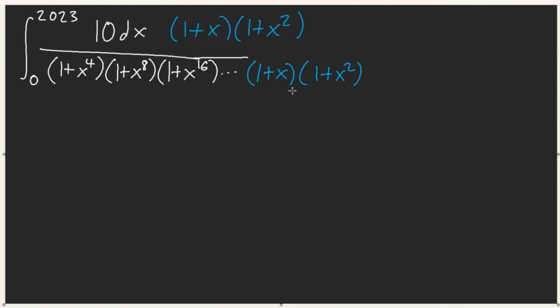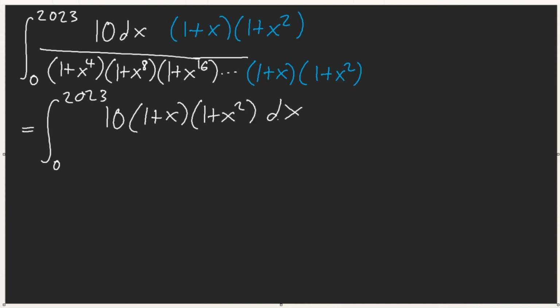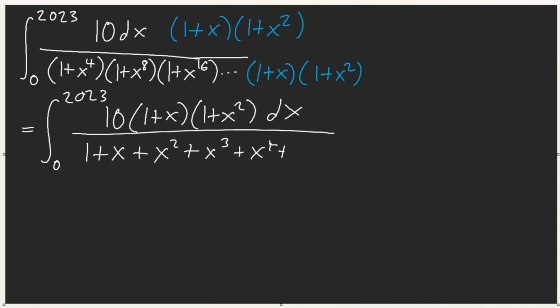So we have this, and at the bottom, what do we have? We have 1 plus x squared, x cubed, x to the 4th, x to the 5th, dot dot dot.